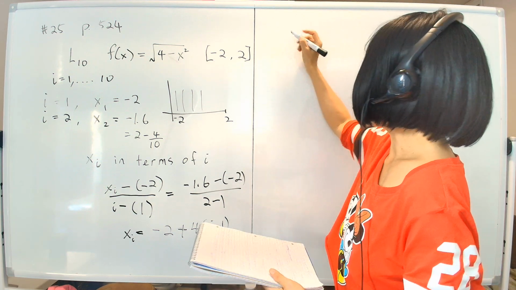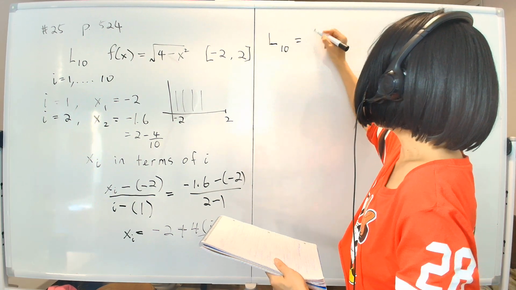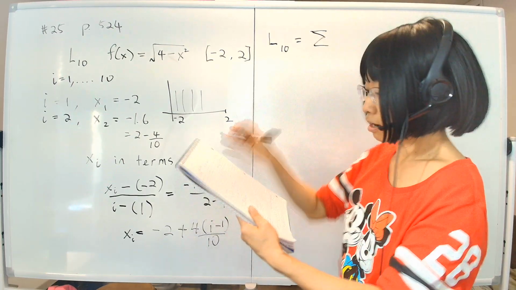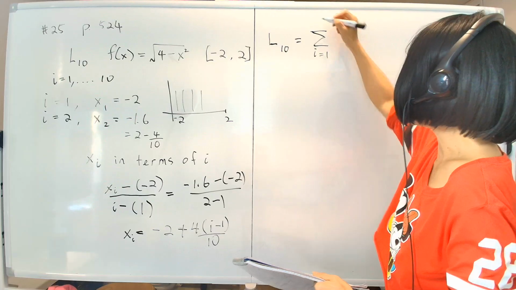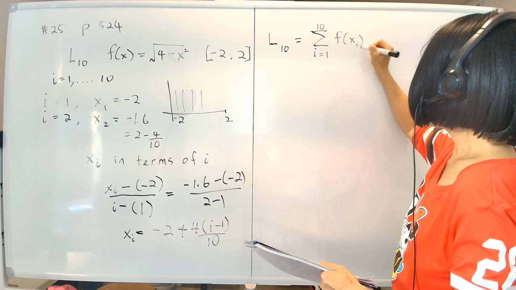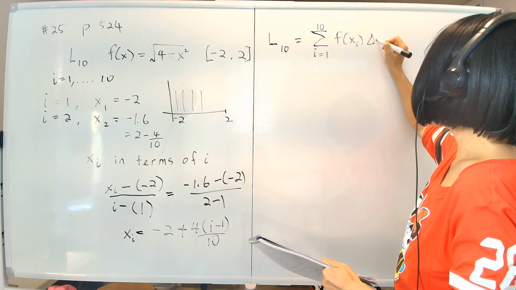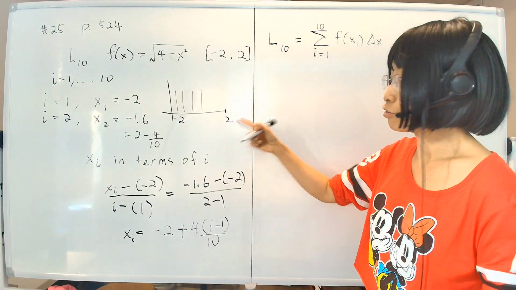Our deal is that the L10 by definition is equal to the summation, okay, of i goes from 1 to 10, and then f of xi delta x. And here delta x is 4 over 10, right?